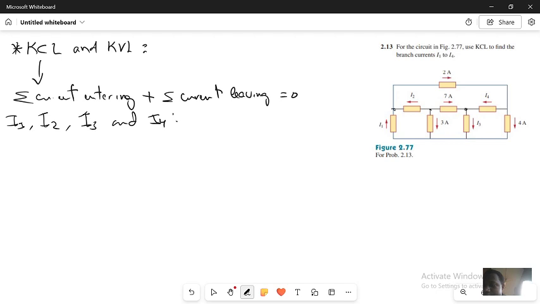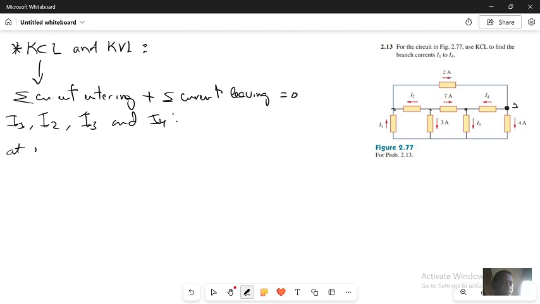If I check this node, this current is entering, this current is leaving, and this current is leaving. Let's say this is node 1.